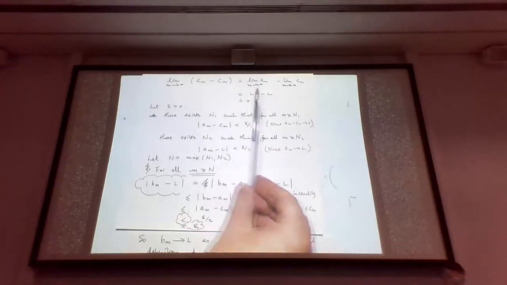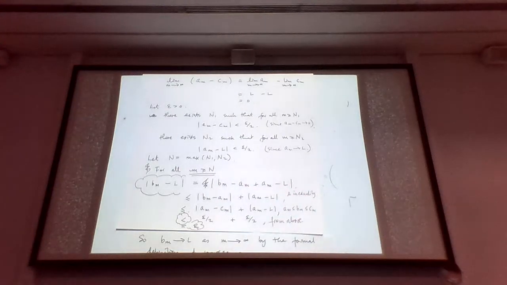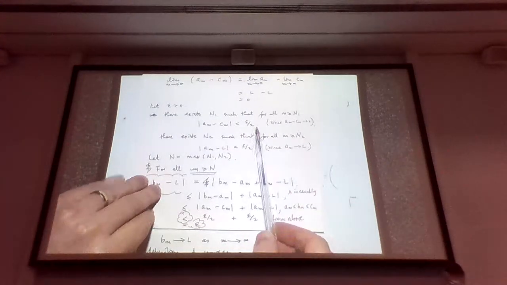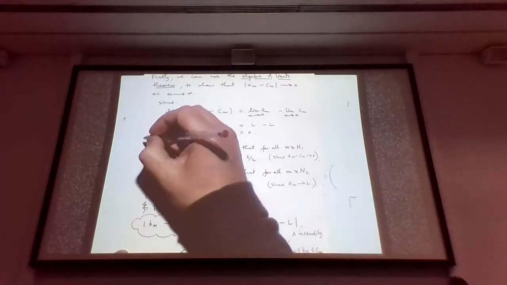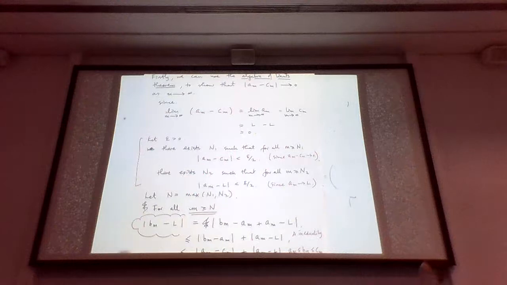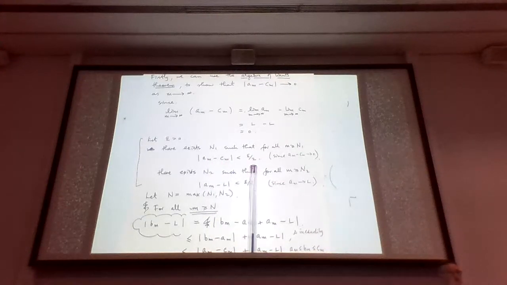The fact that An and Cn converge to L is used here. The fact that we have this inequality An less or equal to Bn less or equal to Cn is used down here. And then in these parts here, we were using the formal definition of convergence to know that there existed these points N1 and N2, where the distance between An and Cn reaches a certain smallness, and the distance from An to L reaches a certain smallness.